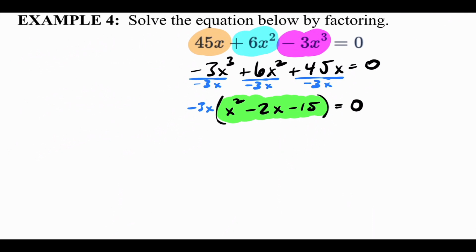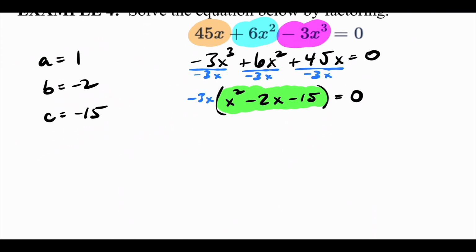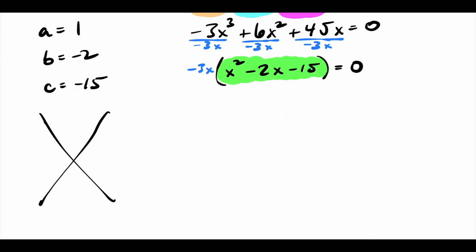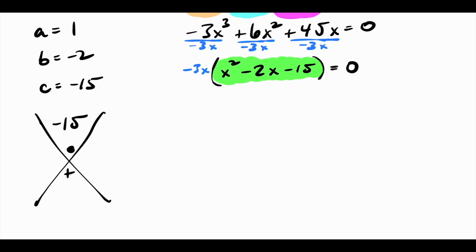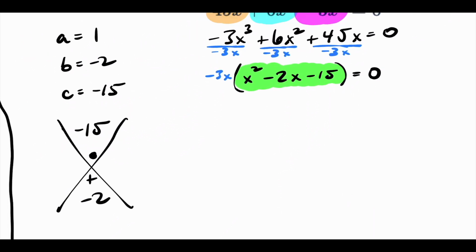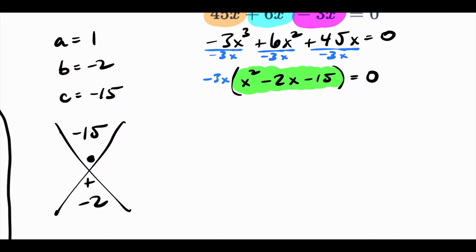Step 3, now we go back to ABC. I'm going to do ABC for the part in the green. Negative 2, negative 15. So I get negative 15 and negative 2. So the two numbers that multiply to be negative 15 and add to be negative 2. I believe it's going to be 5 and 3, but one of them has to be negative, negative 5.